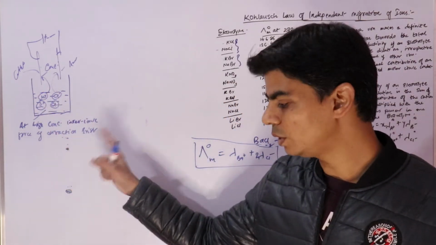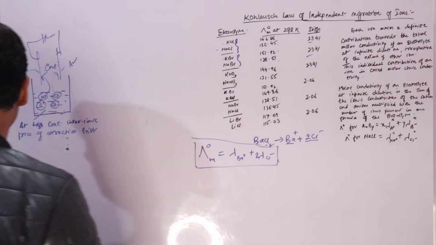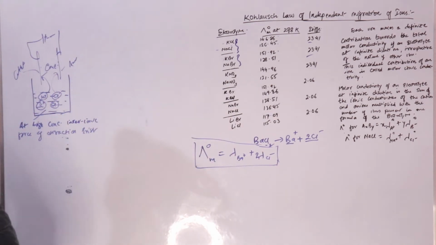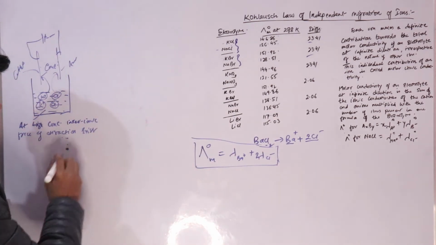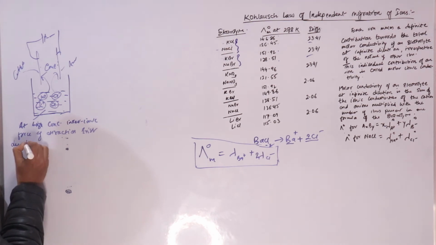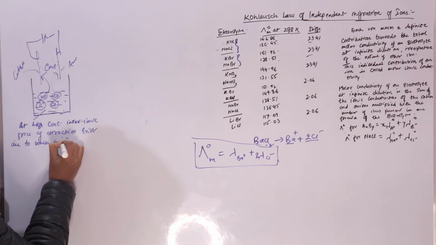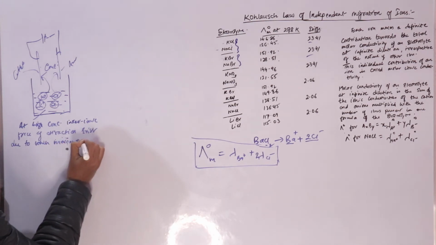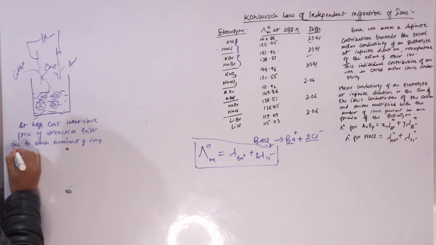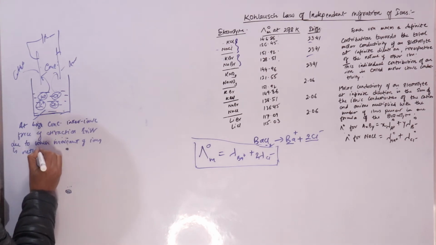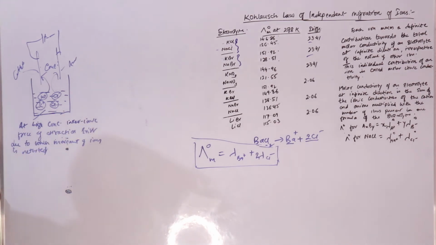So I write it as: at high concentration, interionic force of attraction exists, due to which movement of ions is retarded, right? Movement of ions is retarded.